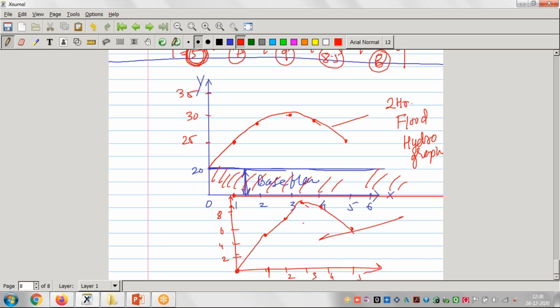Now this graph which I prepared will be called the direct runoff hydrograph. This hydrograph will be called the flood hydrograph. Is this okay?